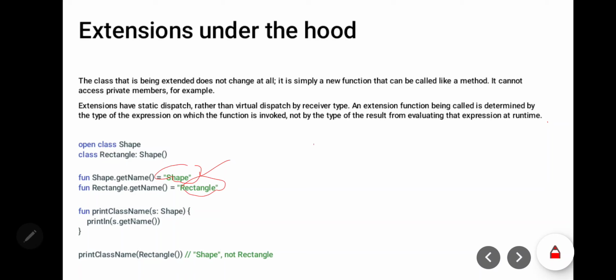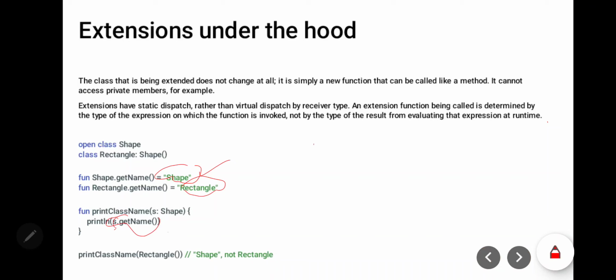So if you want to call the function, it depends on the type of declaration and not on the runtime object. Here the type of declaration is as.getName.